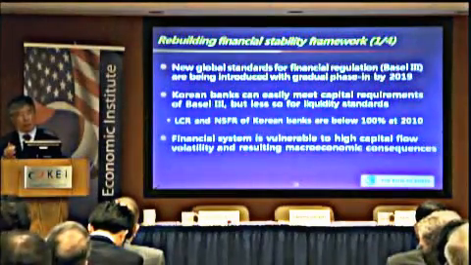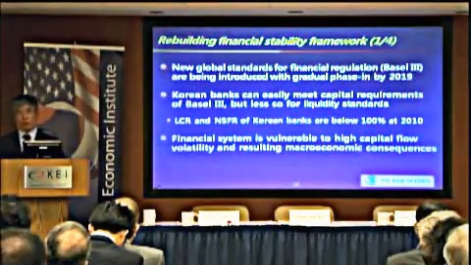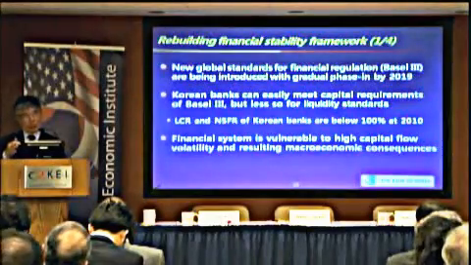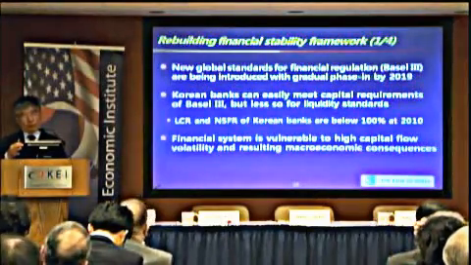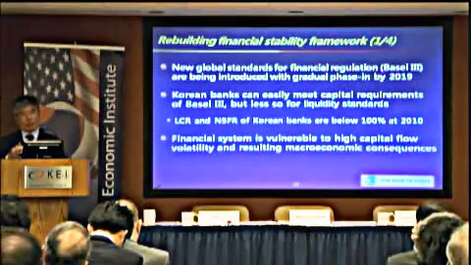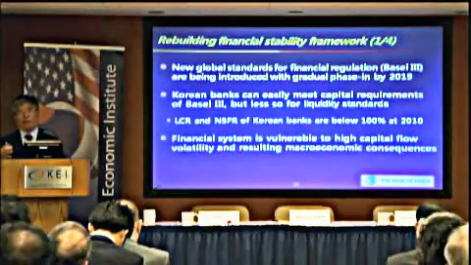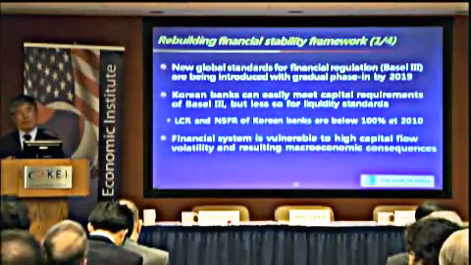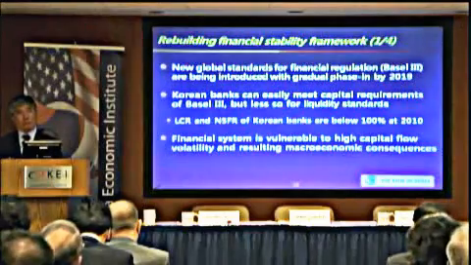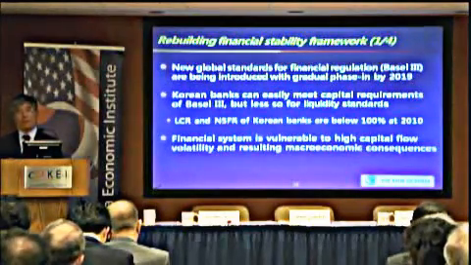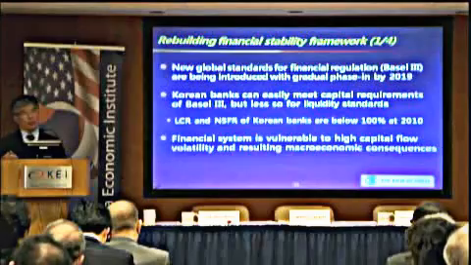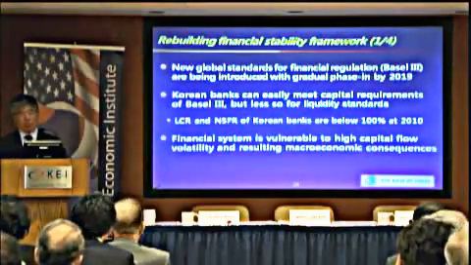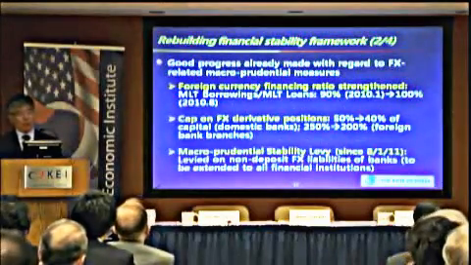The net stable funding ratio is more of a long-term one, for 1 year. If there is a required stable funding, what is the ratio of your available stable funding? Both have to be over 100%. We're a little short of that, but one we have to meet by 2015, the other by 2017. So we are making efforts to meet these two requirements. But except for these two, we don't see any problem in meeting Basel III requirements.